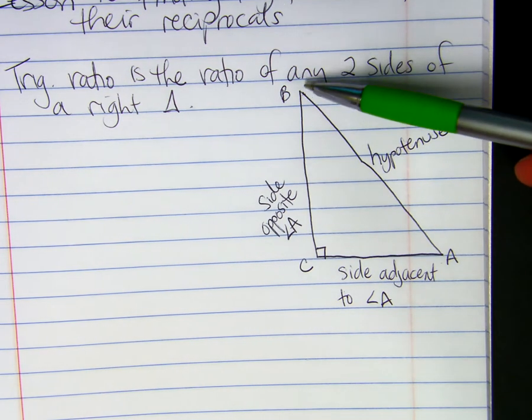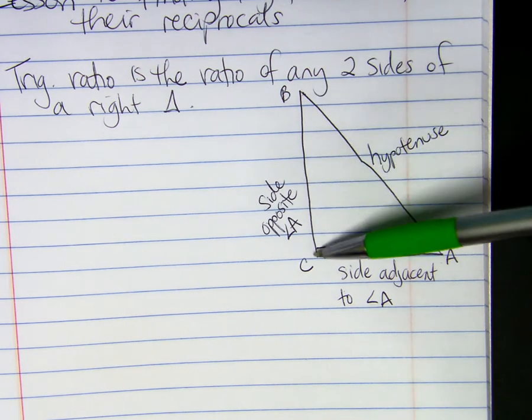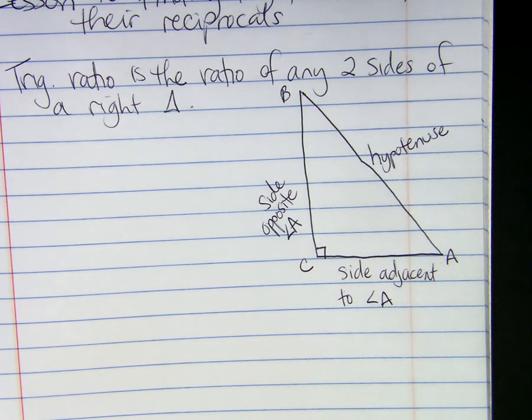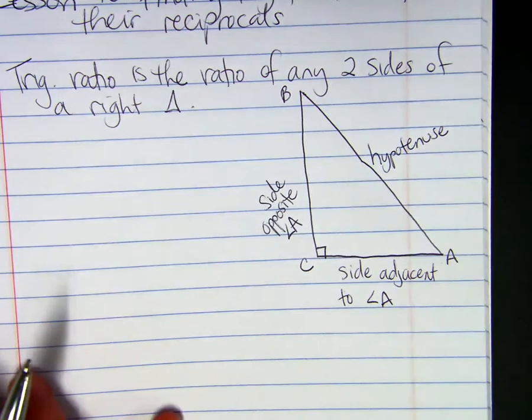The one attached to angle B would be adjacent, and the one across would be opposite.